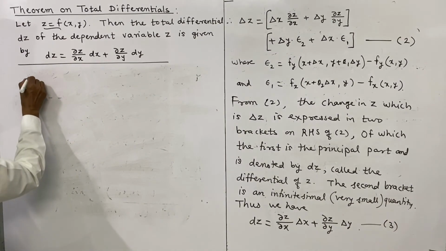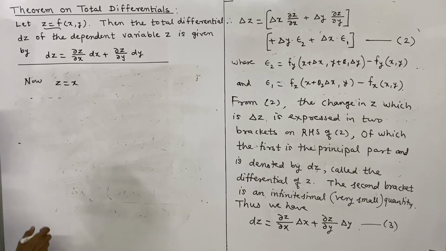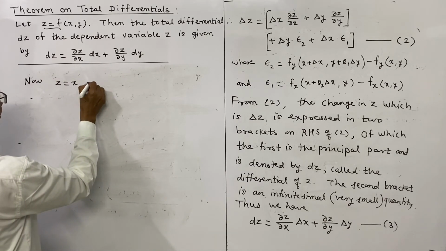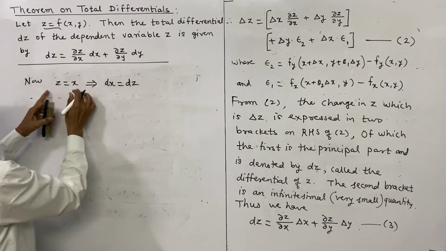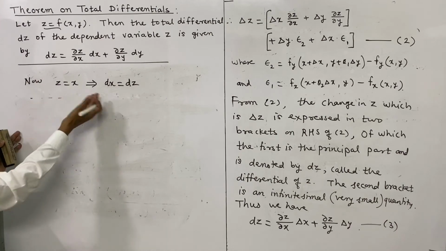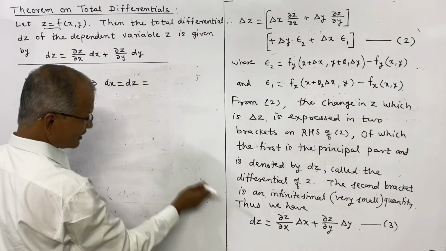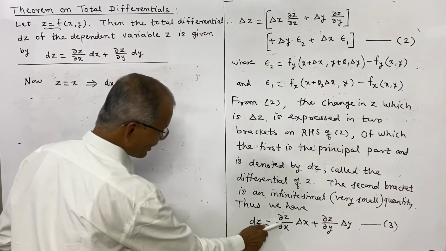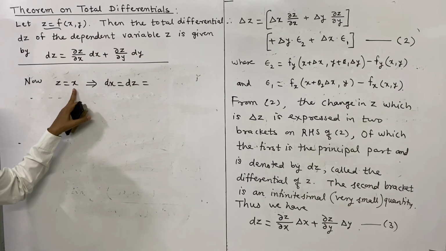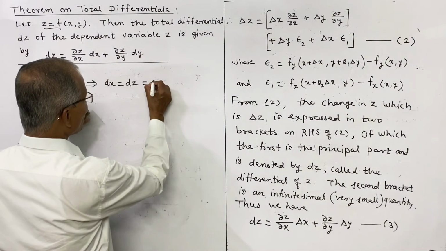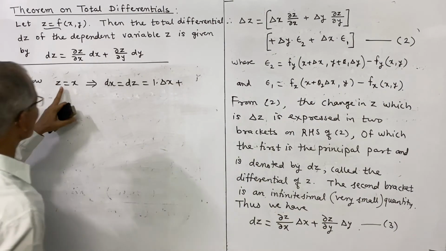Now suppose the function is z is equal to x. This implies dx is equal to dz, because z is equal to x. But what is dz by this result from 3? Dou z by dou x means the partial derivative of x with respect to x, that is 1, into delta x, plus the partial derivative of z with respect to y.